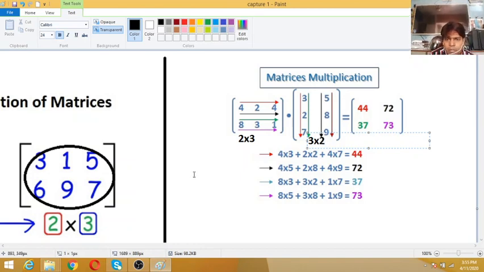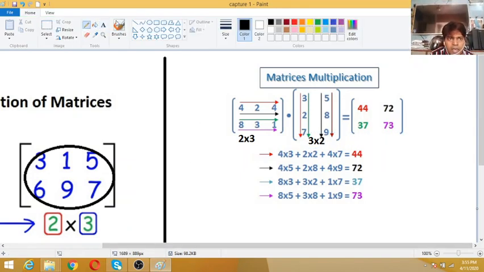Is that clear? But the important part to note is that the number of columns of the first matrix is equal to the number of rows of the second matrix. So the rule says you can multiply two matrices only when the column number of the first matrix is equal to the row number of the second matrix. Fine, so we can multiply.